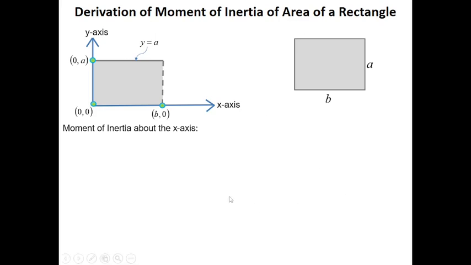So, in here we have the formula for the moment of inertia of a certain area. So, moment of inertia niyan is equals to the integral of y squared dA.